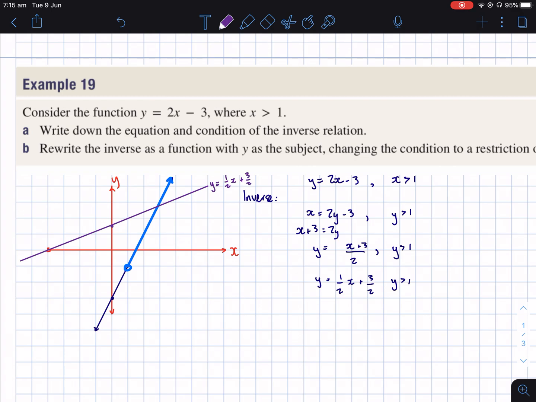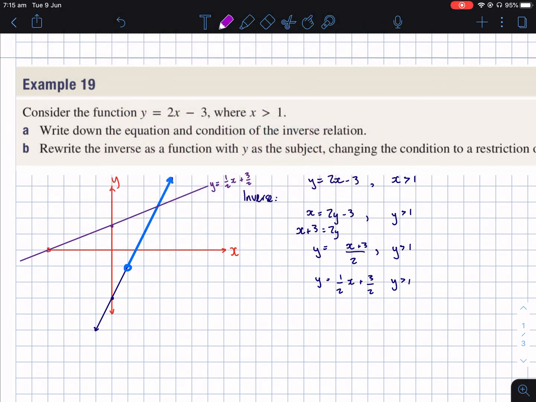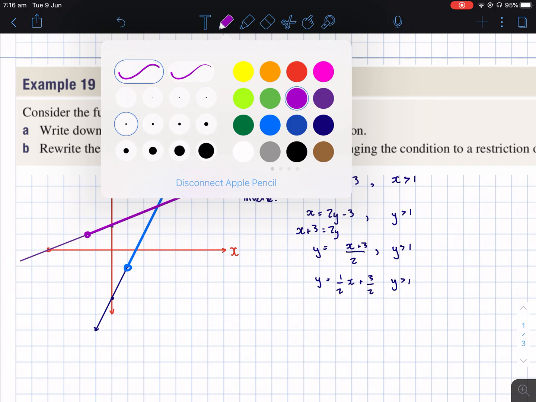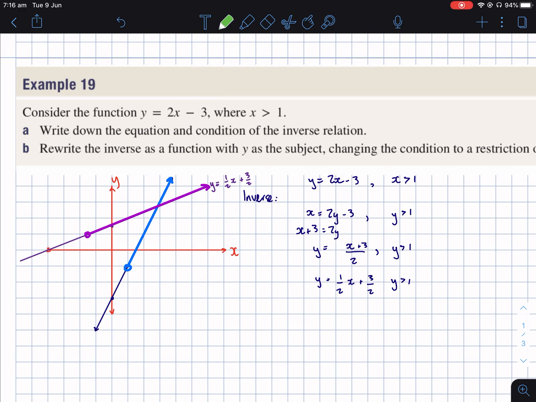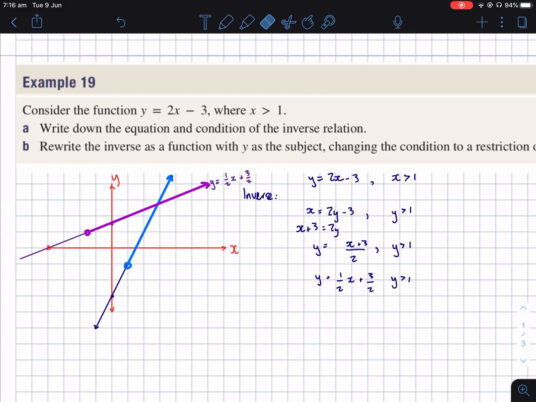With the condition y is greater than 1, I'm starting off here and going that way. If I had started off with the line along y equals x, you can see that they're mirrored along that, well, if I'd drawn them better they would have been. So that's good. You didn't actually have to draw; I just wanted to show you.